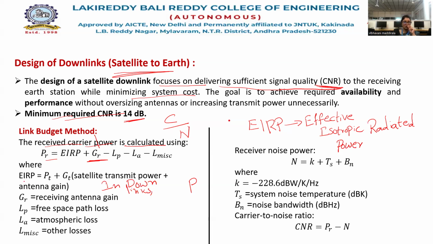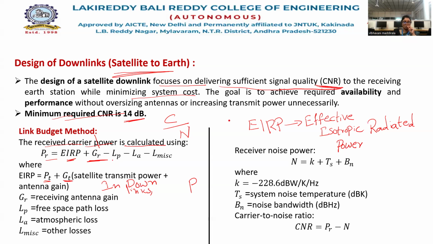So EIRP, effective isotropic radiated power, the power radiated from the satellite, is PT plus GT. GT is the gain of the antenna located at the satellite. This is the effective isotropic radiated power. And GR is the gain of the receiving antenna, located in the Earth station.